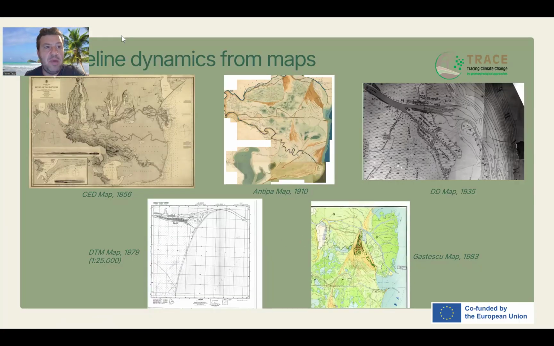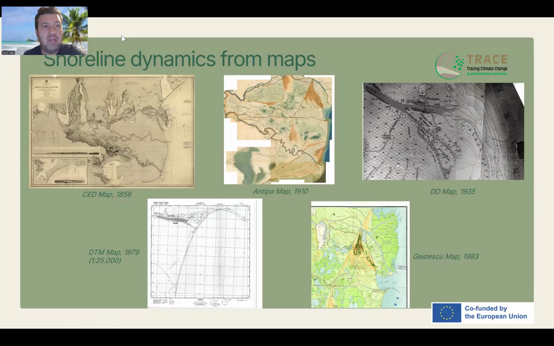Of course, there are many methods that we can employ in order to analyze the shoreline dynamics. And in the past, the most important tool that we used is related to maps. Here we have some examples of maps from the Danube Delta in the Black Sea in Romania.